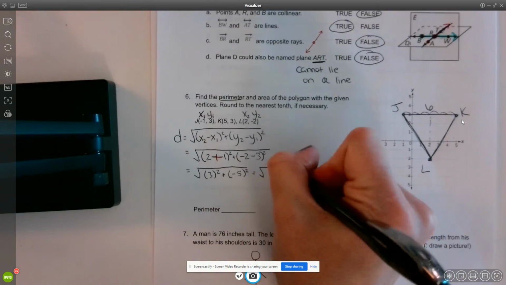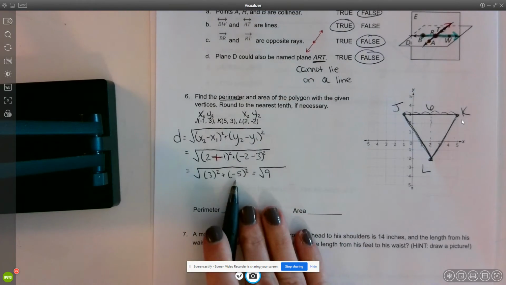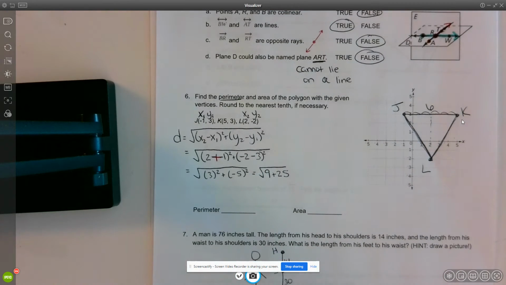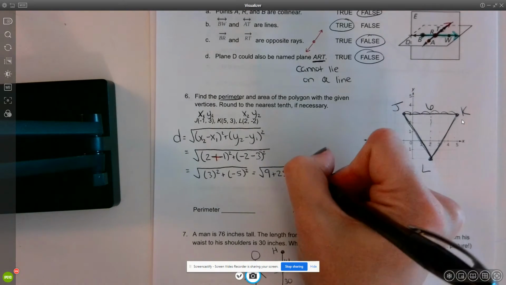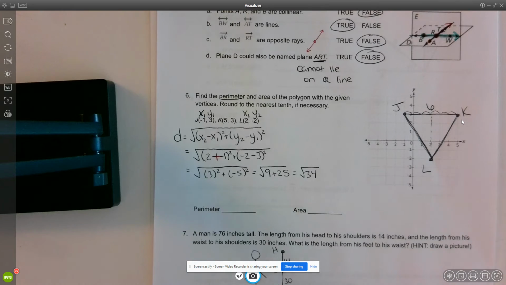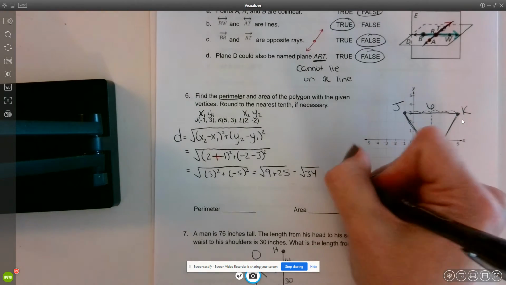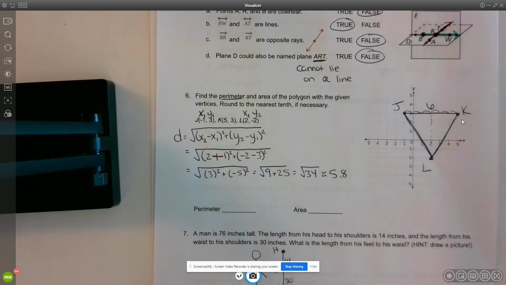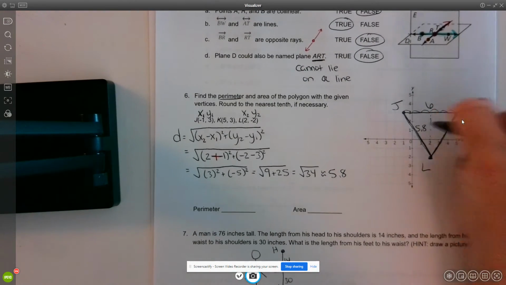When I square these numbers, 3 squared is 9, and negative 5 squared is 25. When I add these together, I have to take the square root of 34, and I'm going to round to the nearest tenth. When I take the square root of 34 on my calculator, I get approximately 5.8. So this length here is 5.8.